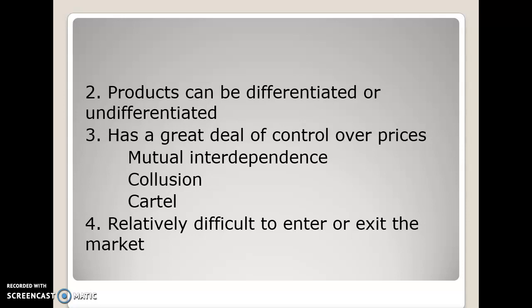Other oligopolies have few competitors because there are laws that limit the number of firms that can exist in an industry. For example, the Federal Communication Commission, the FCC, limits the number of licenses it grants to firms wanting to start radio or television stations.